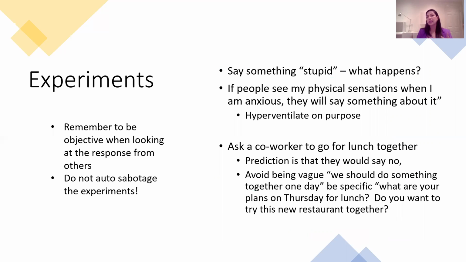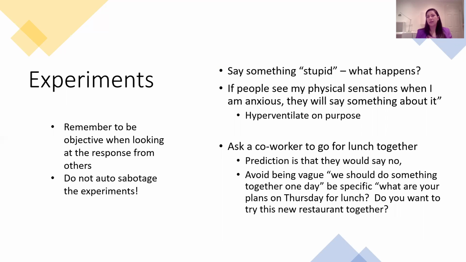And when you prepare the experiments, please remember to be objective when you're looking at the response from others, and don't auto-sabotage the experiment. So for example, if your goal would be to ask a coworker to go to lunch together, that would be the experiment.